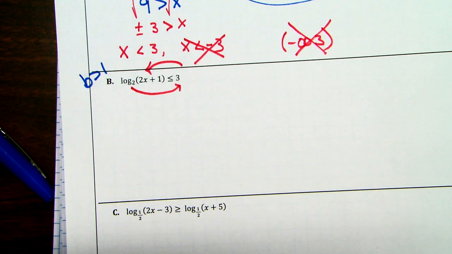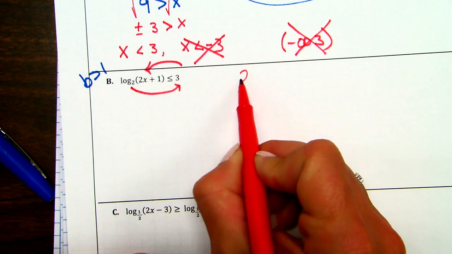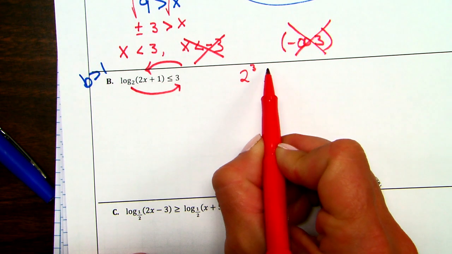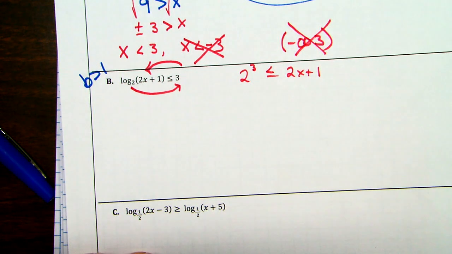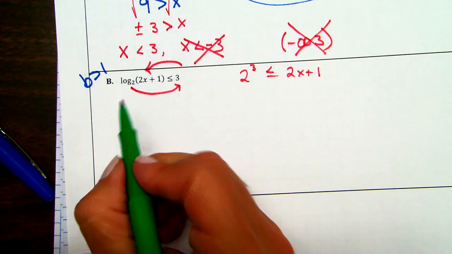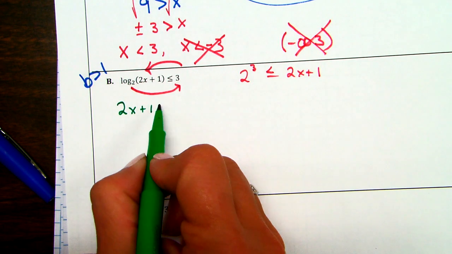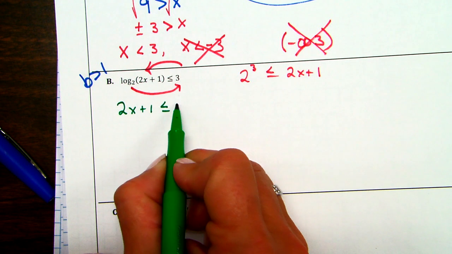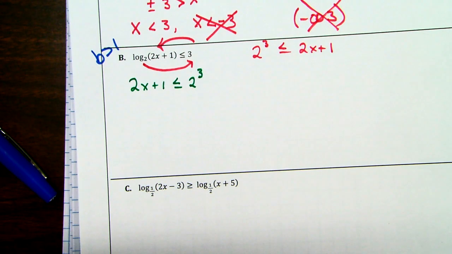Here is the moment where you are going to learn why it's so important to keep the x on the left-hand side. So if I wrote this, which is wrong, 2 to the third is less than or equal to 2x plus 1, that's different than what I'm going to write, which is 2x plus 1 is less than or equal to 2 to the third. Look at the difference in those two problems.